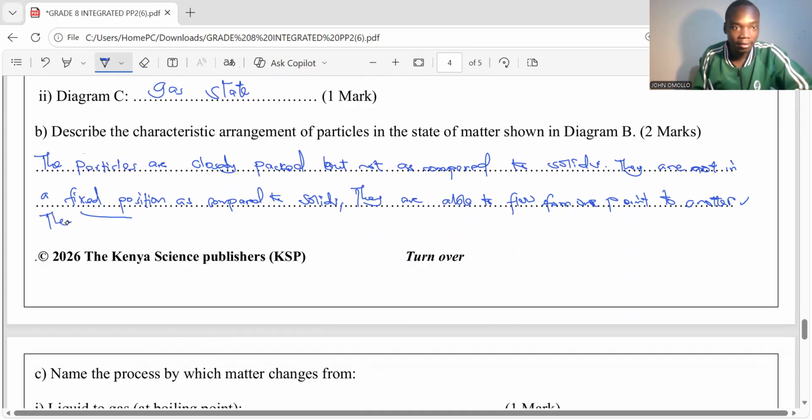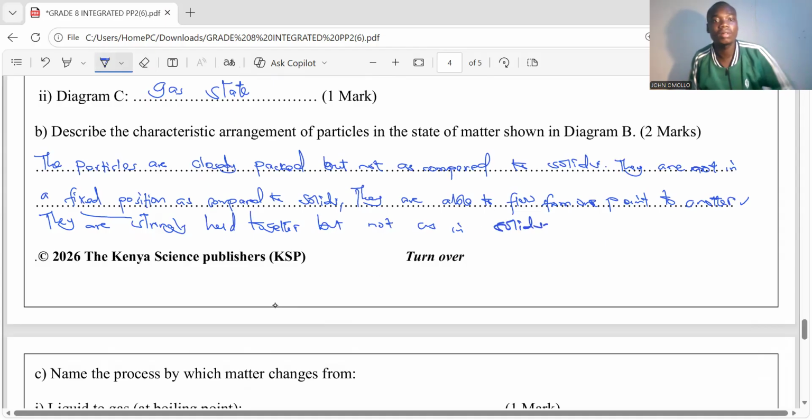They are strongly held together, but not as in solids.